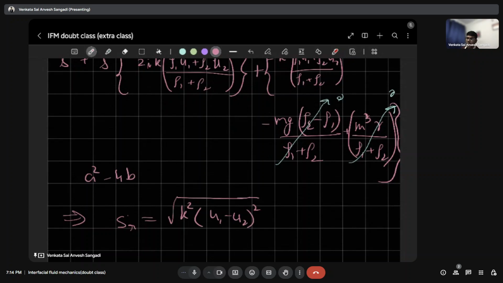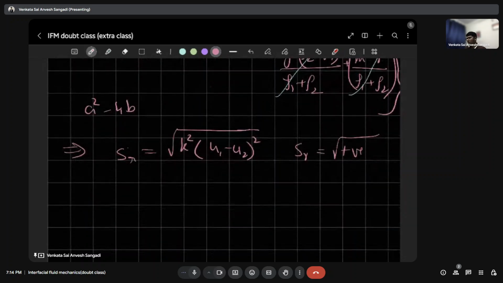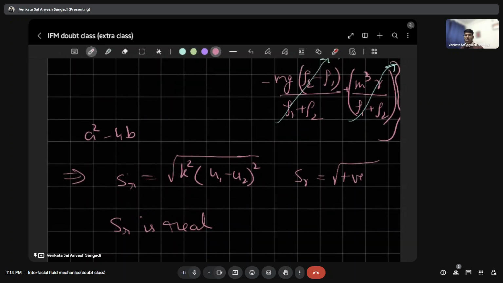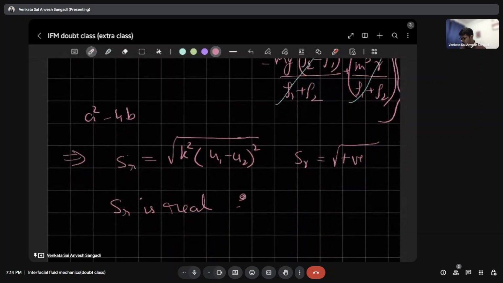So the quantity under the square root is always positive, which implies that s is real.